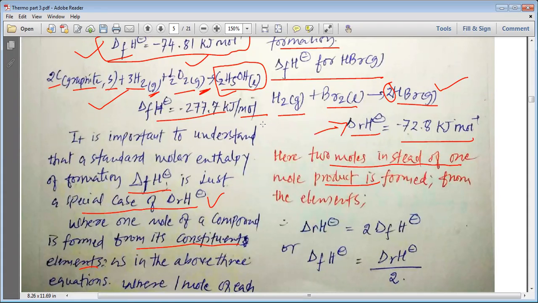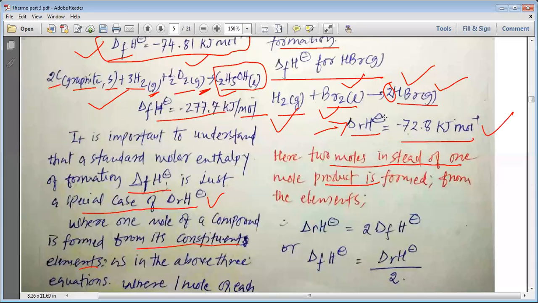Though HBr is produced from the element hydrogen in its standard state and bromine in its standard state, and HBr is also in its standard state, still the enthalpy of reaction is not actually the enthalpy of formation of HBr, because 2 moles of HBr are produced. Instead, we should have only 1 mole produced.